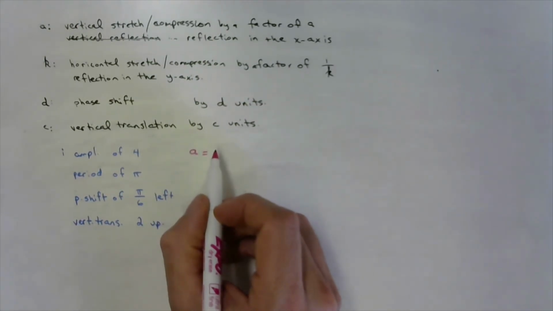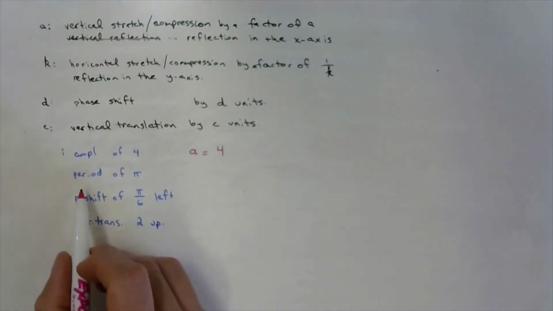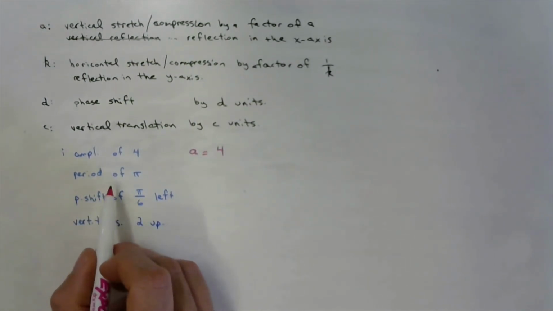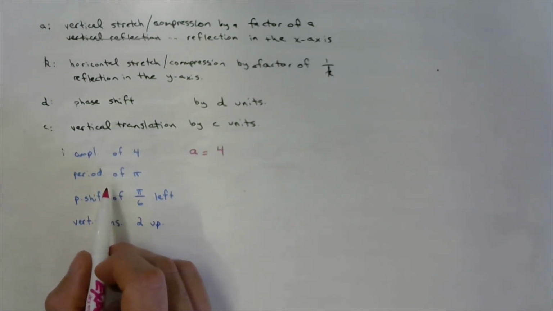We're not told that there's a reflection or anything like that, so we know it's just positive. The transformed function is going to have a period length of pi. What's the standard period length of a sinusoidal function? 2 pi, okay?